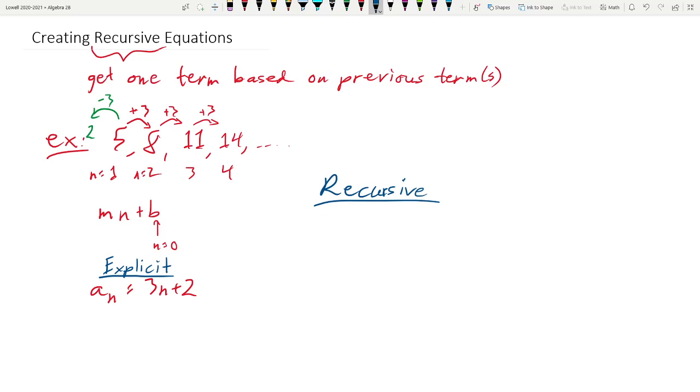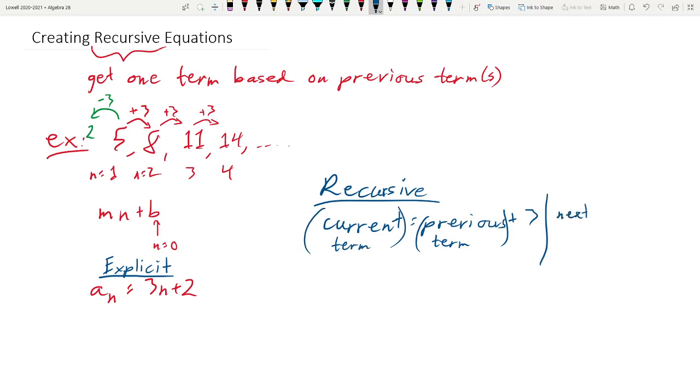Well, I could say that the current term, the term that I'm looking at right now, is the previous term plus 3. Or, alternatively, you could write it like so: the next term is equal to the current one plus 3.